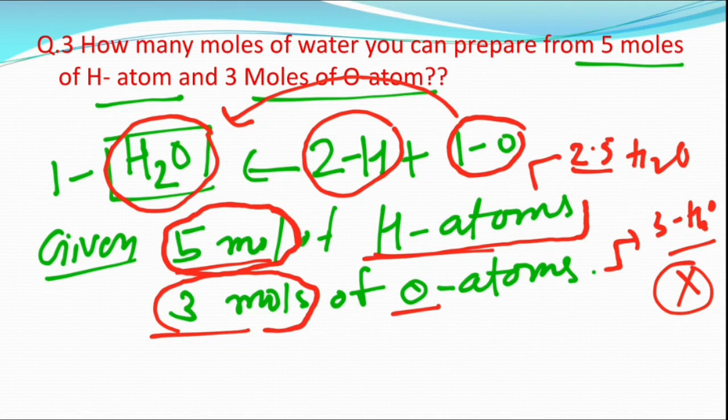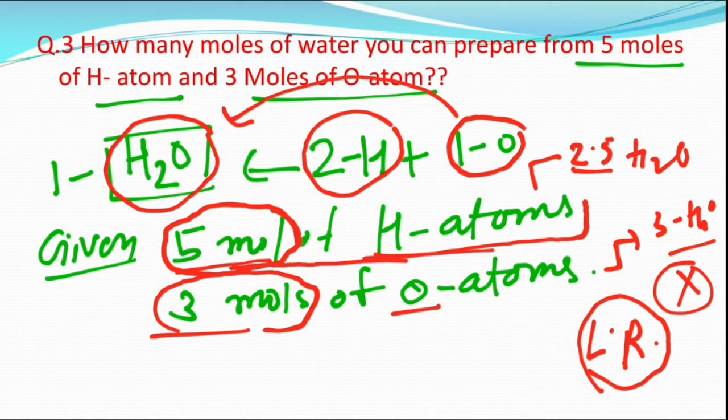In future classes we will discuss a concept called limiting reagent. What is a limiting reagent? The reagent which is less in amount will decide the stoichiometry of the reaction. Okay, so we will not discuss that now. Here we will find the answer with respect to the number of hydrogen atoms.